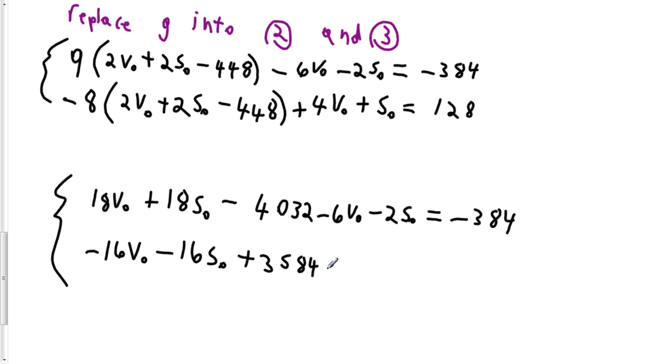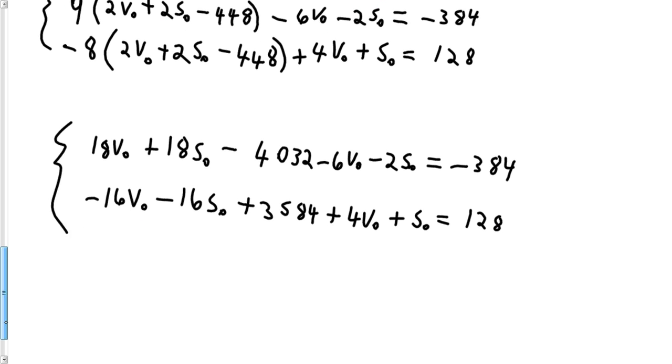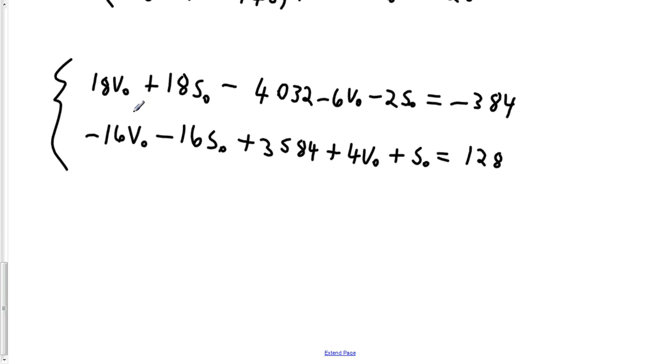And then this is going to still be plus 4v naught, oops, that should be a 4, plus 4v naught. And then plus s naught, and this is still equal to 128. All right, now next I'm just going to combine the like terms on the left-hand side.